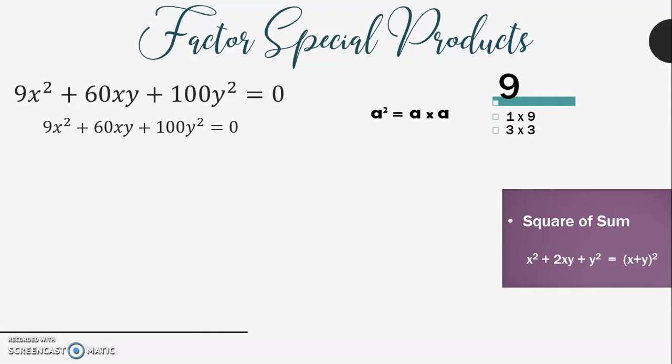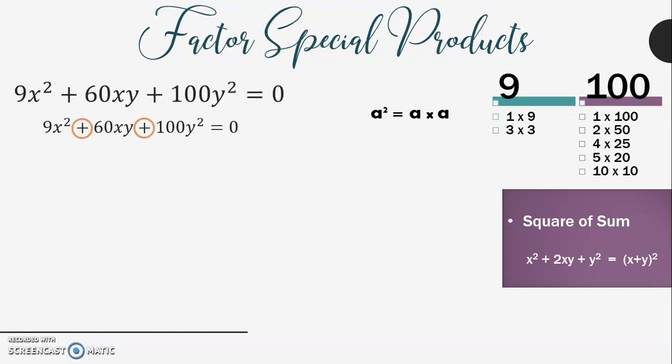And I also take my factorization for 100, that is 1 times 100, 2 times 50, 4 times 25, 5 times 20, and 10 times 10. Now that I got all the factorizations, I can see that the values I need are 3 times 3 and 10 times 10. I see that both of them have positive signs, so the signs I'll use are positive and positive.